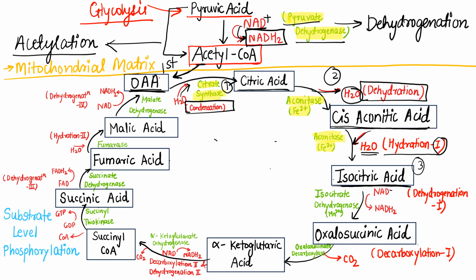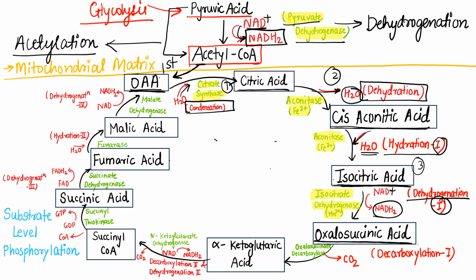Now fourth is conversion of isocitric acid into oxalosuccinic acid. Now here dehydrogenation takes place. This is the first dehydrogenation, that is conversion of NAD plus into NADH2 in the presence of enzyme isocitrate dehydrogenase and catalyst Mn2+.